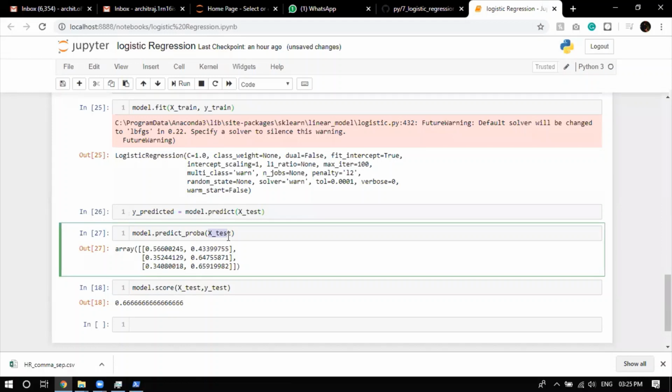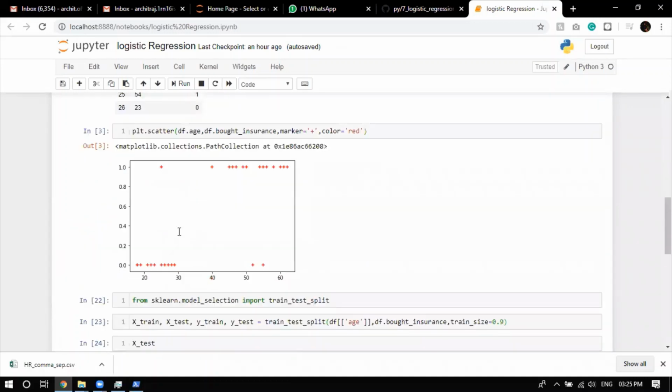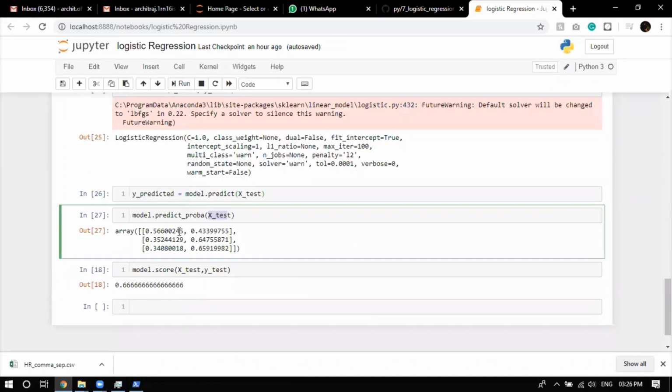What is the probability of it being yes, or what is the probability of it being no. If it's a binary classification, you're going to have only two answers, yes or no, or one or zero. Let's take it for this particular case as one or zero. So it's giving you the output: what is the probability of it being zero, and what is the probability of it being one.